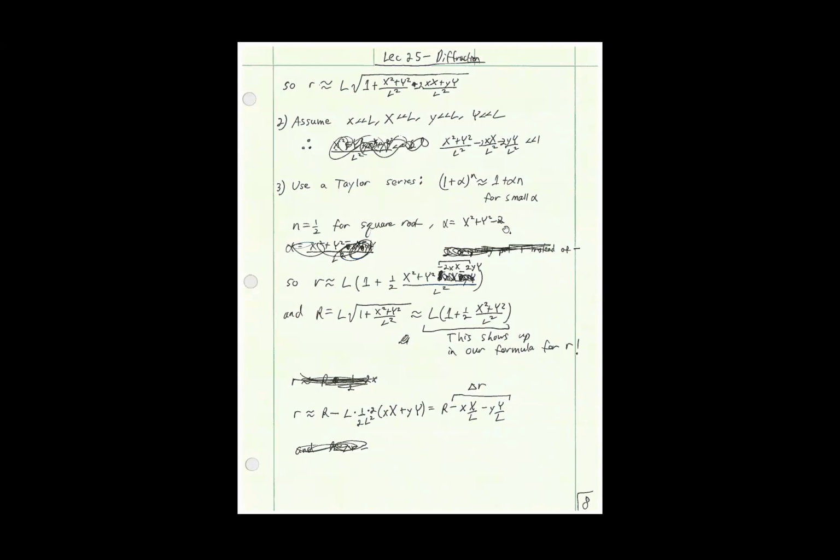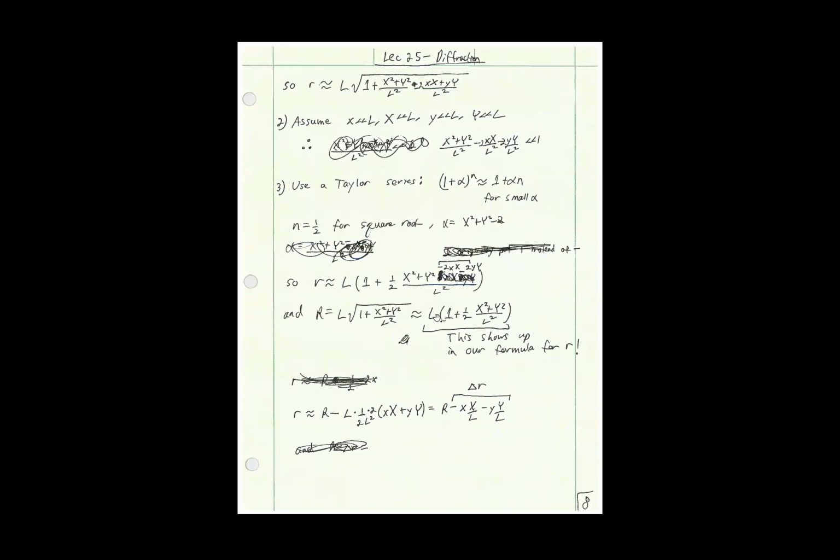And alpha is just all of this stuff here that I forgot to put in. So r is going to be roughly 1 plus 1/2 of all this mess. And big R is going to be, and it's all multiplied by L, L times 1 plus 1/2 multiplied by this somewhat smaller mess.